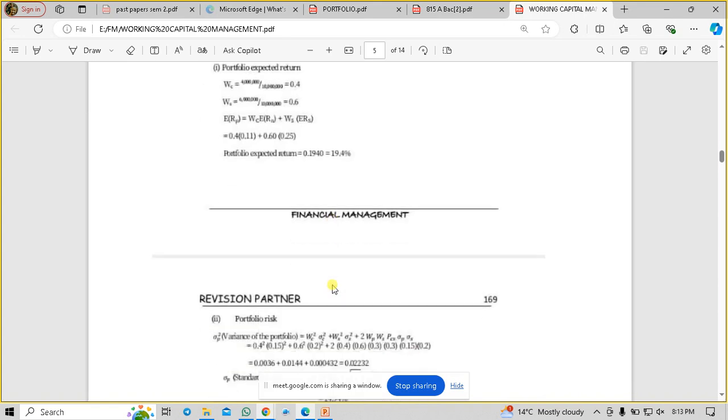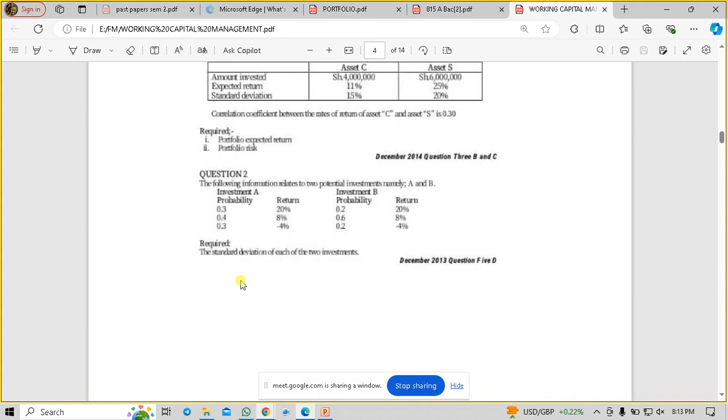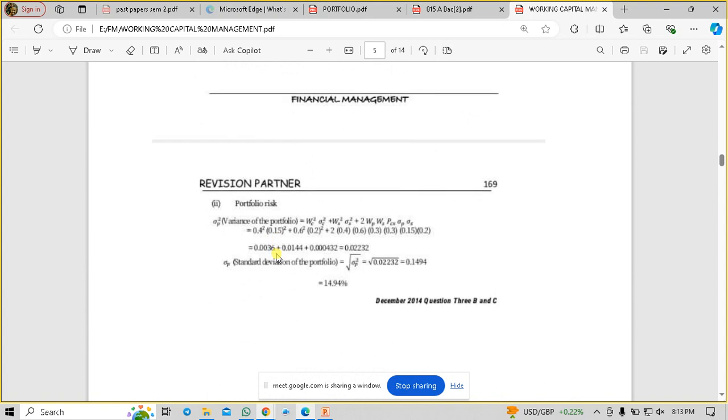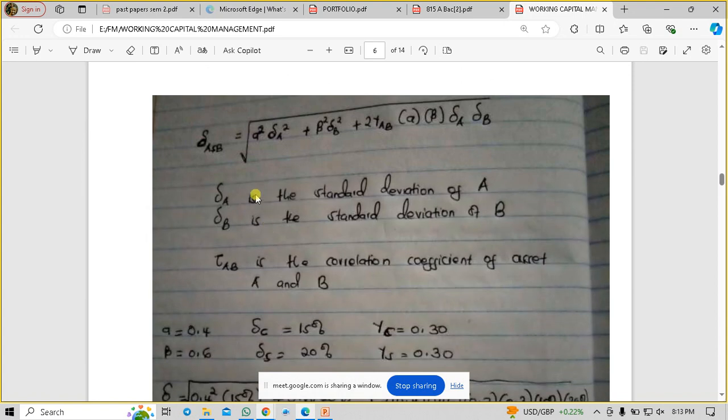So part 2 says we calculate portfolio risk. For portfolio risk, we use this formula. I think we'll shorten it here. So we will use this one. This symbol stands for standard deviation squared. The alpha squared is the 0.4. Remember we said 4 million divided by 10 million, so that is the investment.